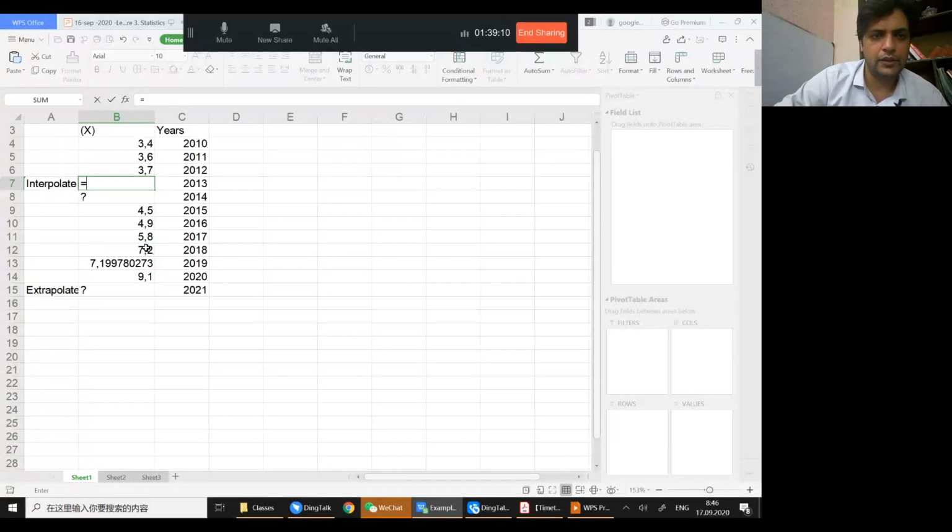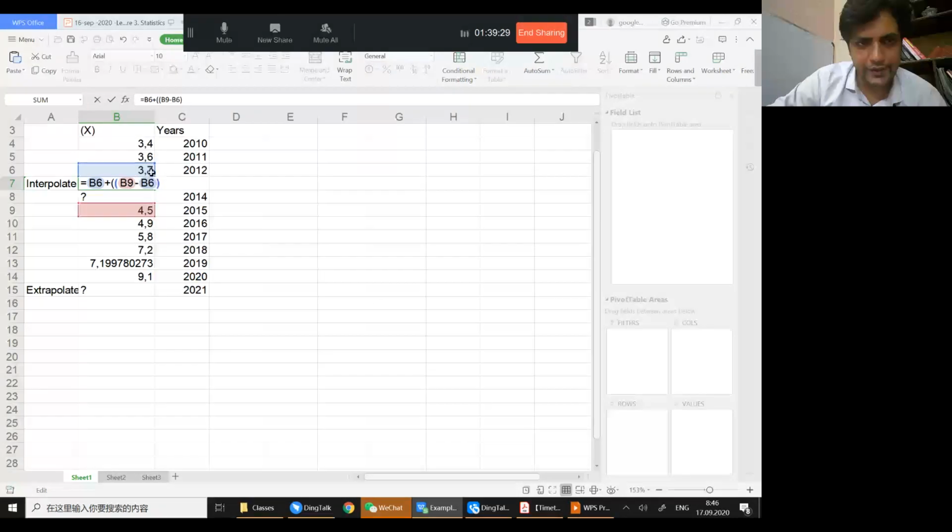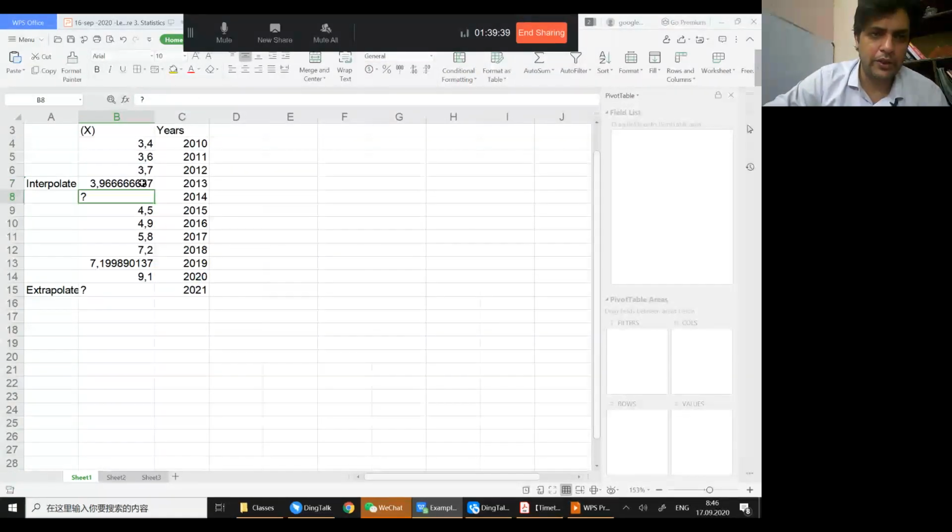So let's do this. Previous plus next minus previous. But here, next available is not B8. Next available is B9, right? And previous is the same. So here we divide by 3 because there are 2 missing. So it's going to give us 3.96.